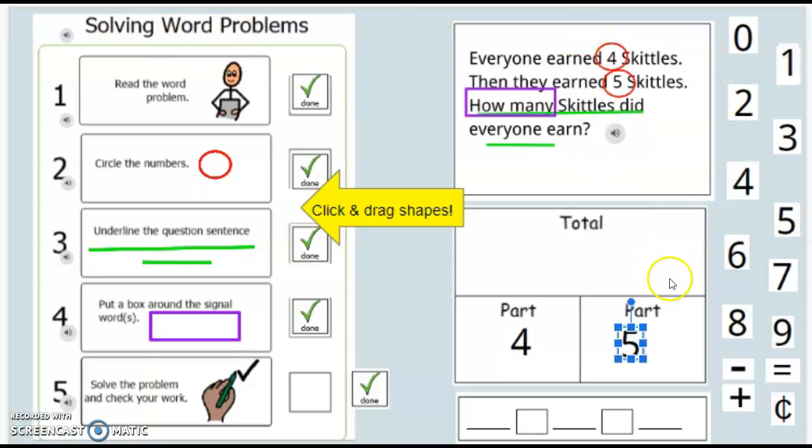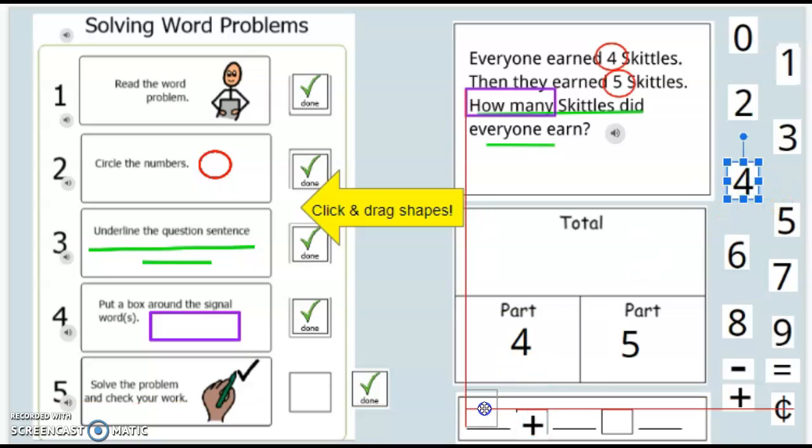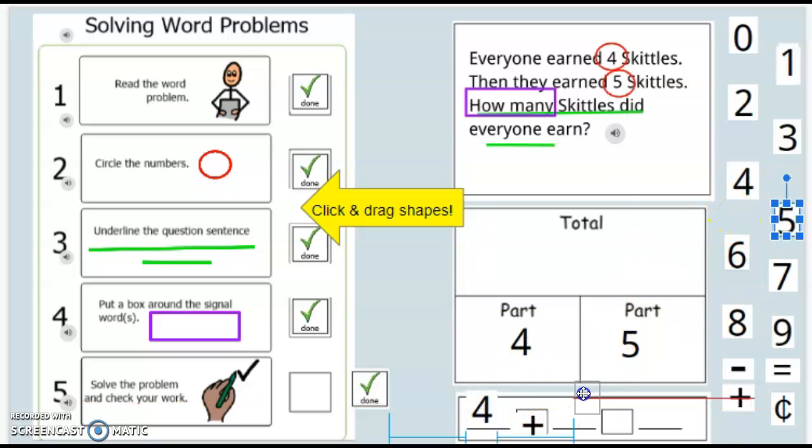We know that we are adding, so we'll want to take our addition symbol and put it right here. We have our part plus part equals our total. What is our total? 4 plus 5 equals 9.